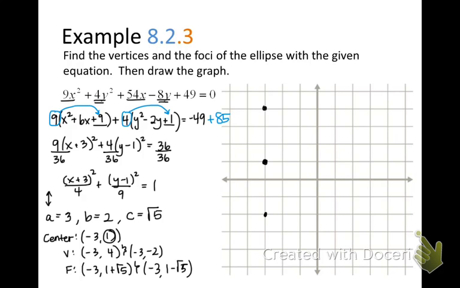So I'm going to be putting my foci in between a distance of 2 and 3 away from the center. And then how do I know how wide to make this thing? Your B value. Yep, so you're going to go out 2 in either direction from your center, and then connect all of the outer points, right? And we're done.